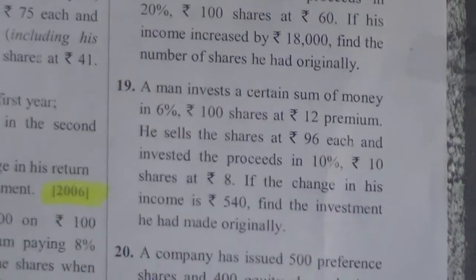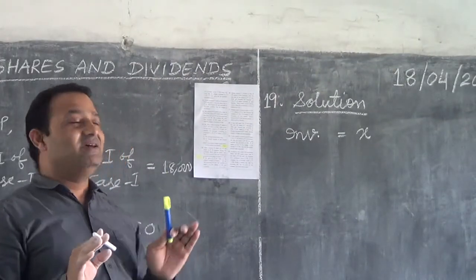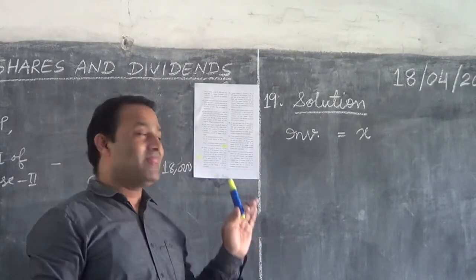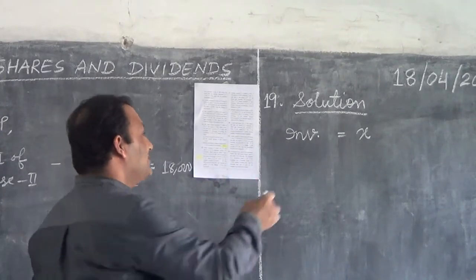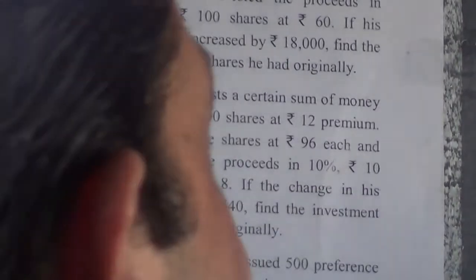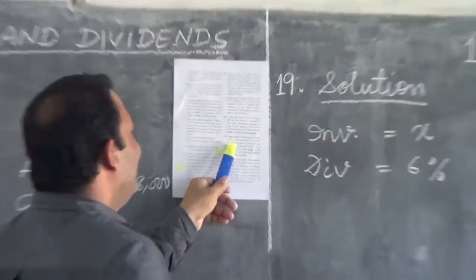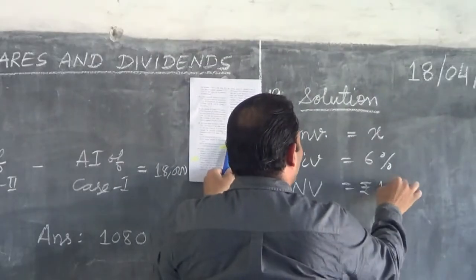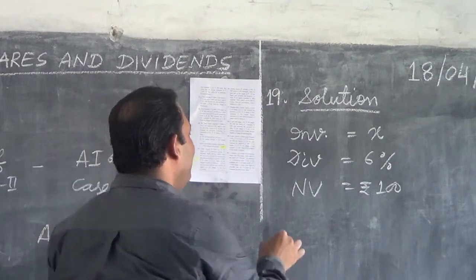Certain number of shares, then number of shares I used to take X. But in question number 19, invest certain sum of money. So investment I have taken X. Unknown quantity we always take as a variable. In 6% shares, dividend is 6%, and nominal value is rupees 100 at 12% premium.